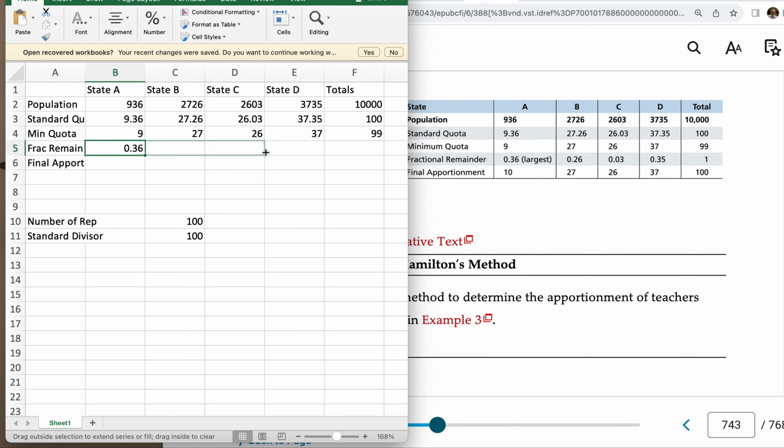And if I copy it across, and that fraction for here, you see the 0.26, the 0.03, and the 0.35. And in fact, if I subtract these two, I find out how many representatives I got yet to distribute. 1. So I have to give this 1 to one of these 4 states.